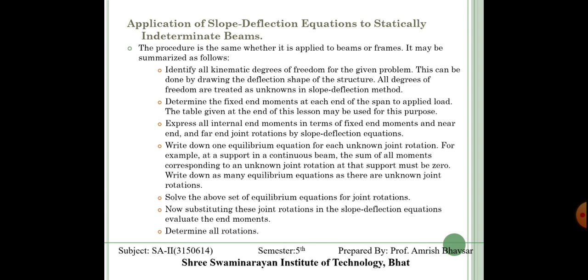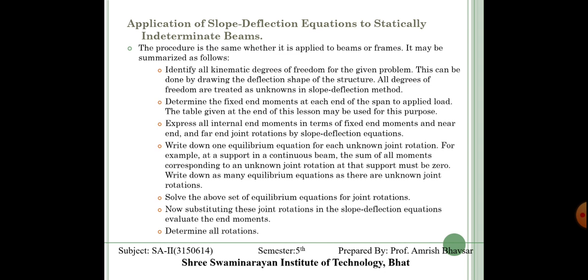For example, at a support in a continuous beam, the sum of all the moments corresponding to an unknown joint rotation at the support must be 0. In our next session, I will describe these equilibrium conditions, and after that we can consider one simple example and analyze that continuous beam.